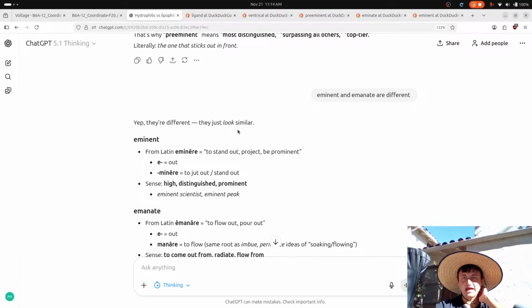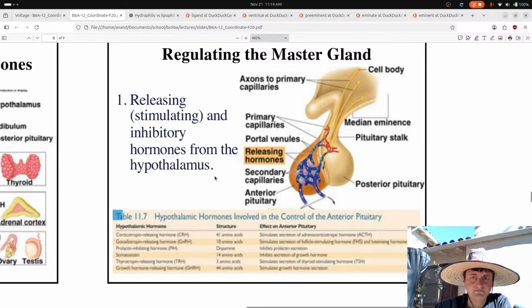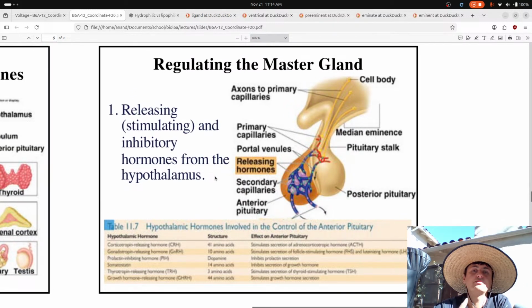Preeminent, eminence, your eminence, or whatever, I think. But emanate, all right, I got it. So it is the preeminent gland. It's the superior gland.